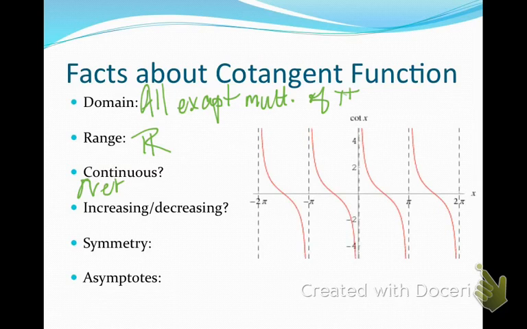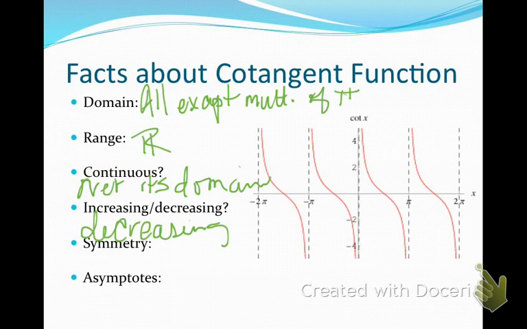It's continuous over its domain. This time it's always decreasing. It has no symmetry. And its asymptotes are at multiples of pi. Alright, so that's the basics.